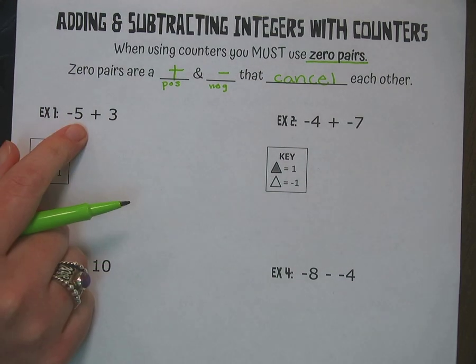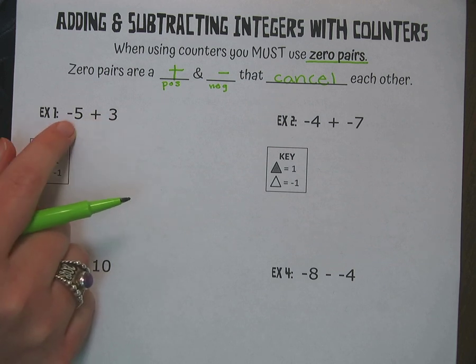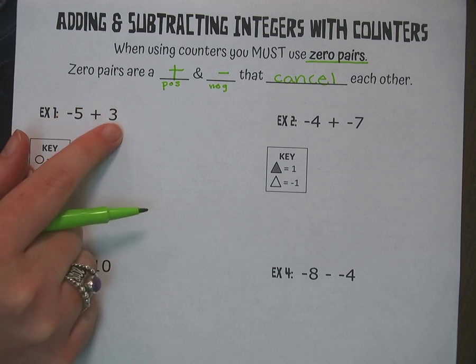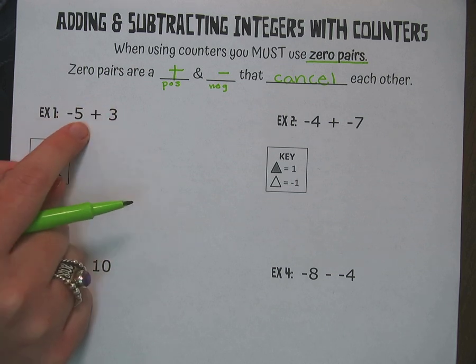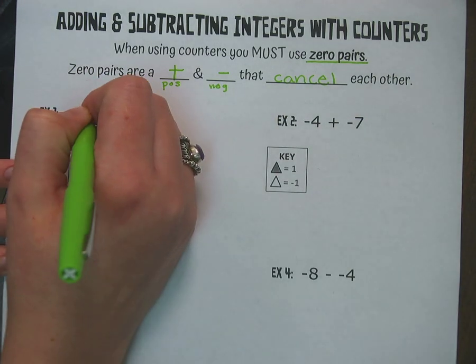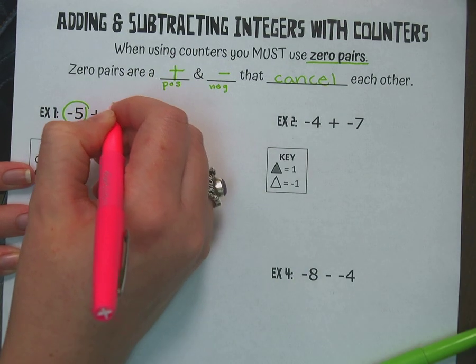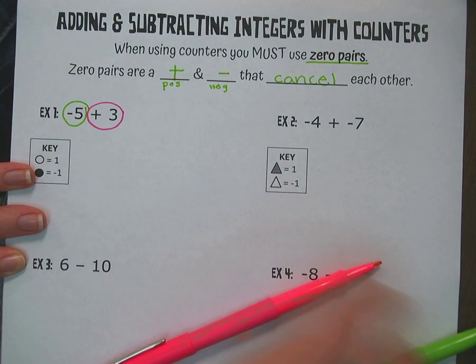So let's look at our first example. We have negative 5 plus 3. We are adding integers. The first thing we need to do, which we have learned, is circle our numbers and make our table. So I have a negative 5 and a positive 3.